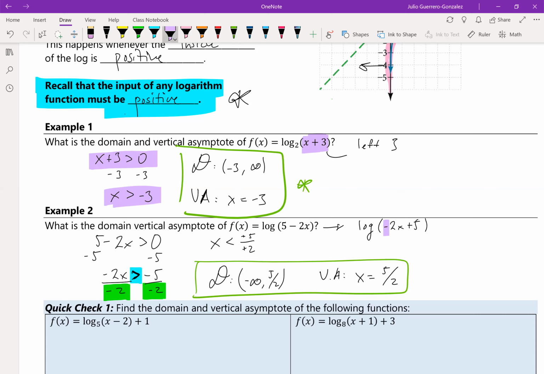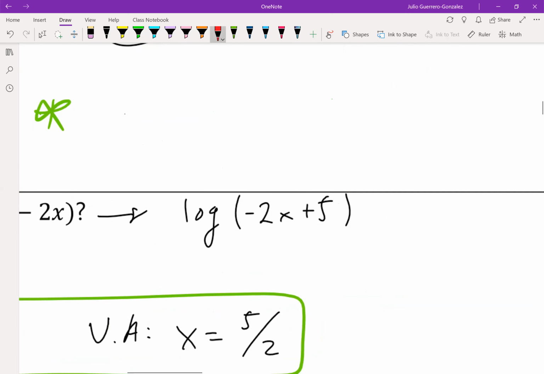This negative right here, what does that do? Could you repeat that? The purple negative that I just wrote in. Let me actually rewrite it really quick because I erased everything. -2. So this negative right here, what does that do?